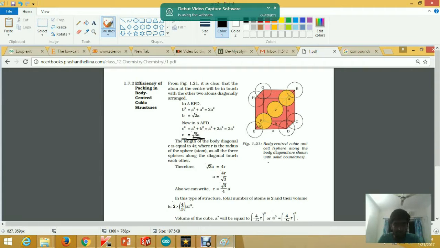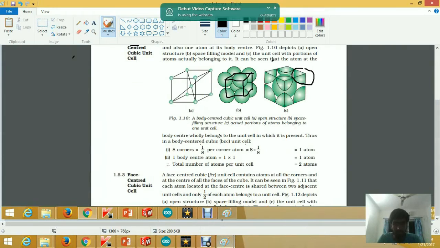Now let's go back to the picture that we saw previously. In this particular picture, you can see that the diagonal starts from here and comes till here, correct? If we choose to travel from this corner of the cube to this corner of the cube, let's see the distance that we have to travel.